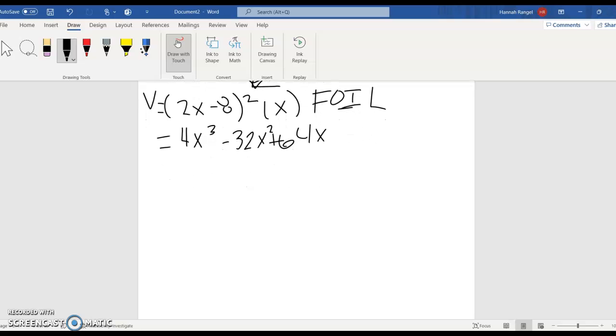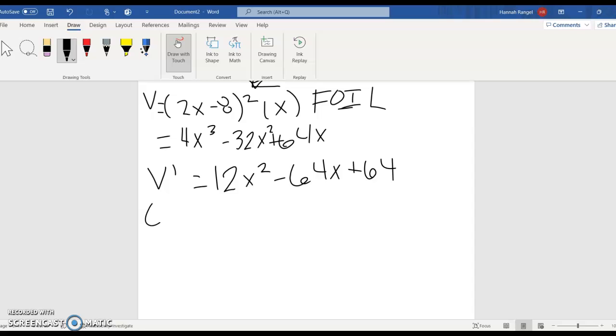So we have to remember that the critical numbers will lead to the maximum volume. So now the next step is to find the derivative, and that would be 12x squared minus 64x plus 64.